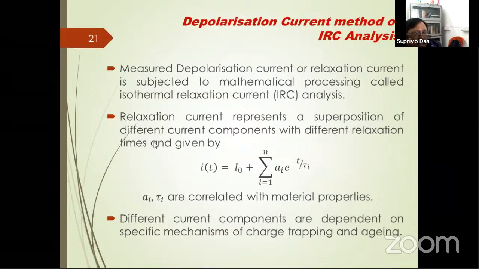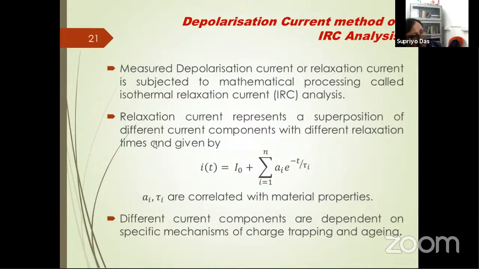The relaxation current has one constant part, and sometimes there is no constant part even. Only different exponential components make up the relaxation current. The same thing is applicable for the extended Debye model also.